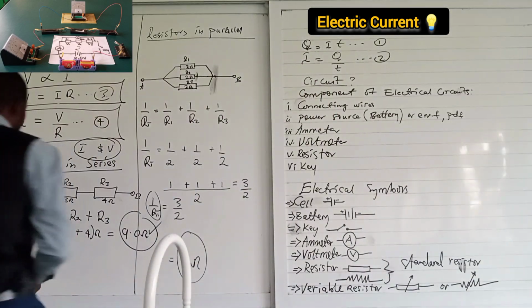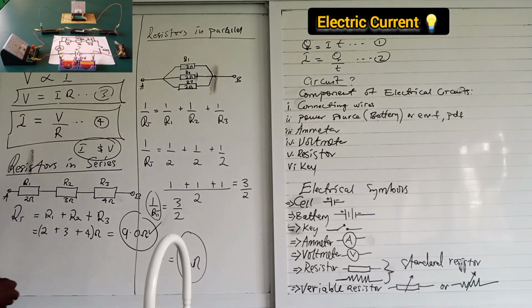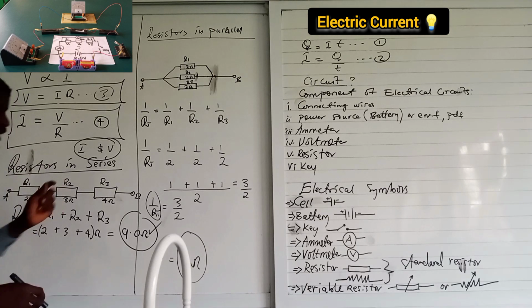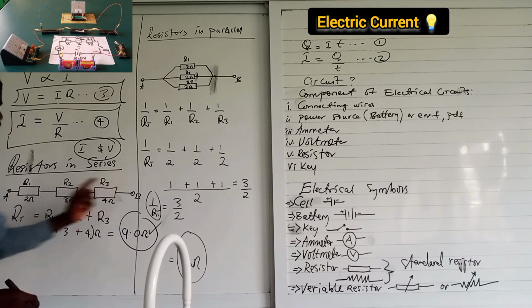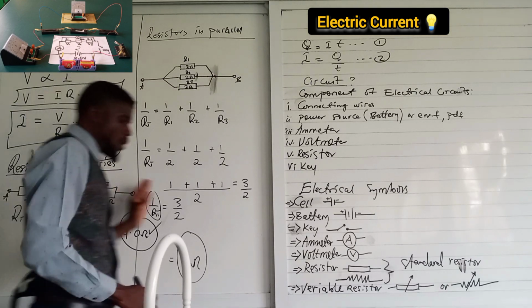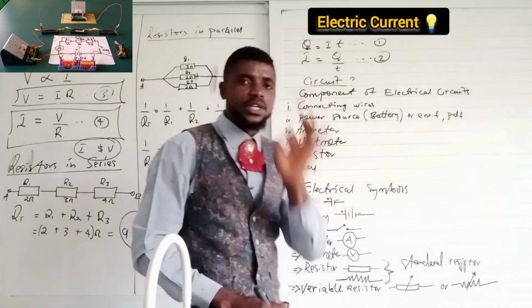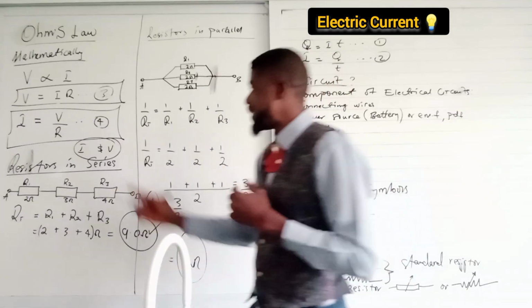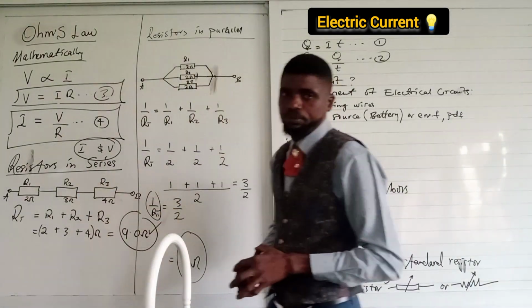the same quantity of electric current will flow through them, but you are going to have various values of voltage across the resistors. When resistors are connected in series, you have the same current but different potential difference across each of the resistors.